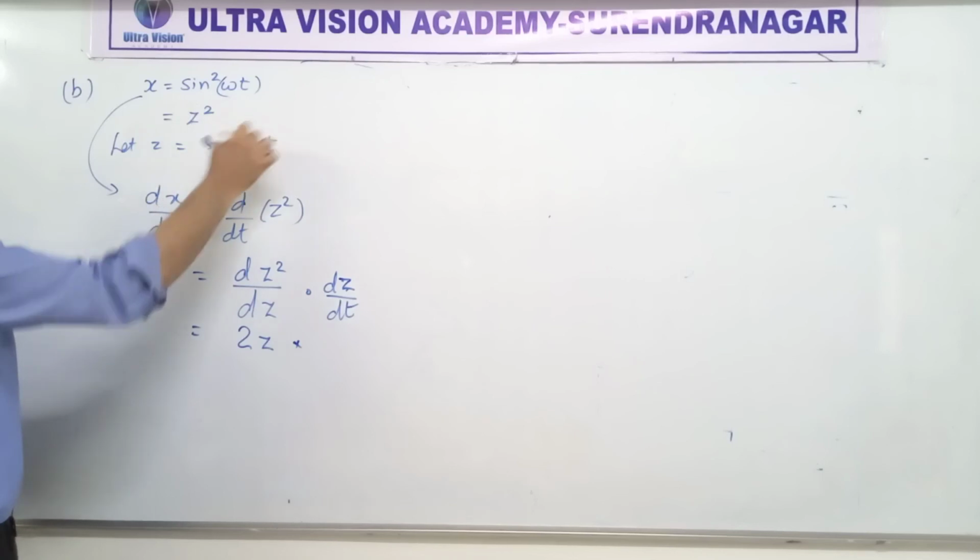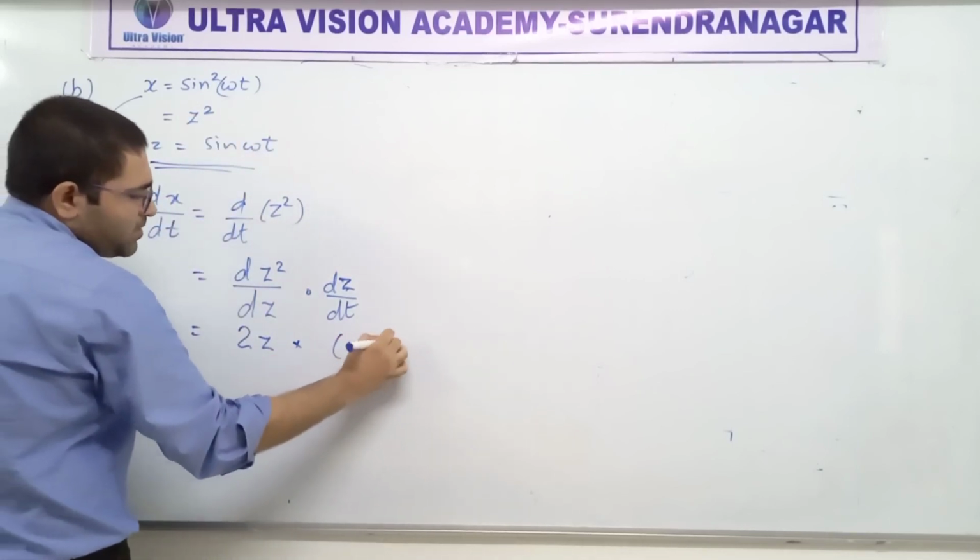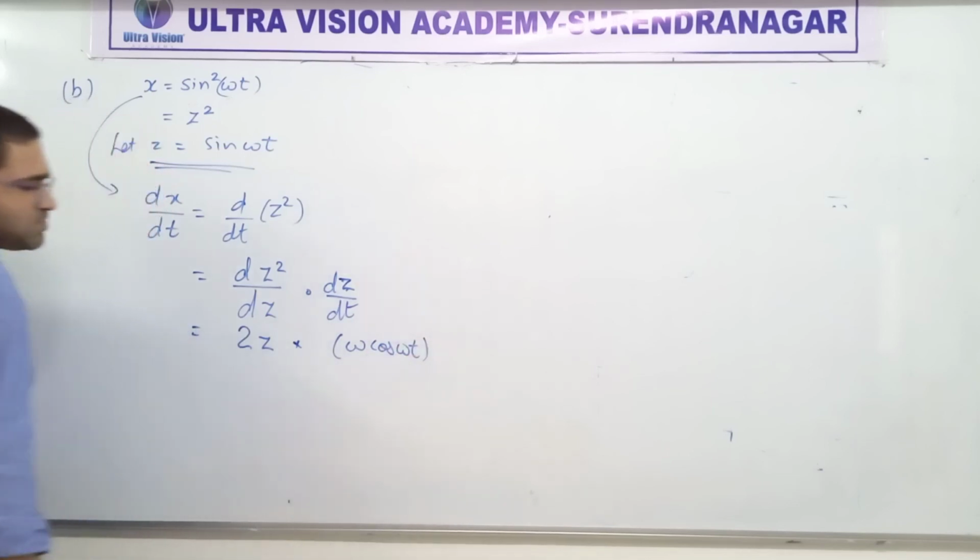Have a look here. This is z. What is dz by dt? Omega cos omega t. Yes or no?